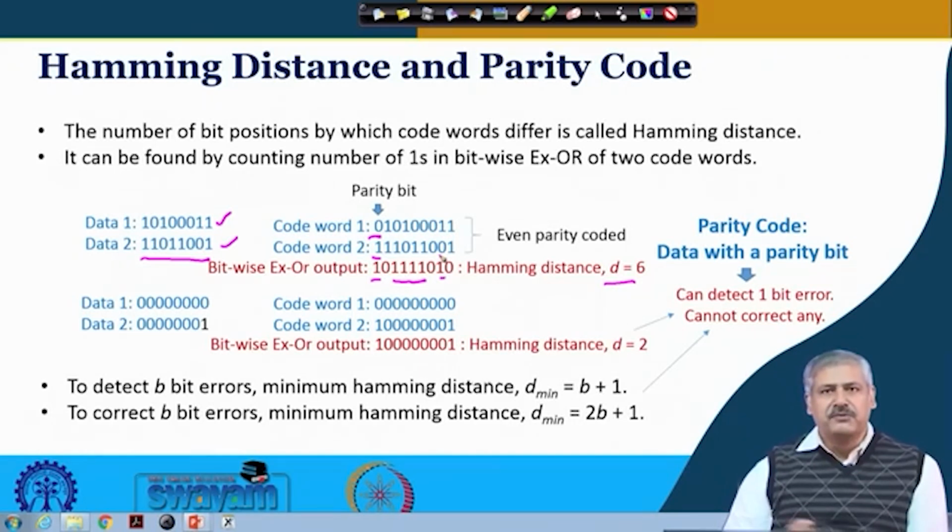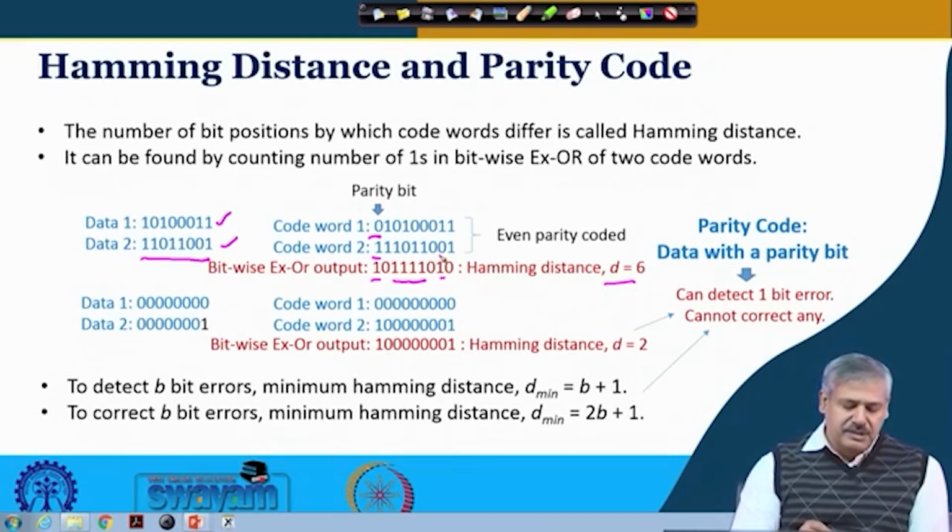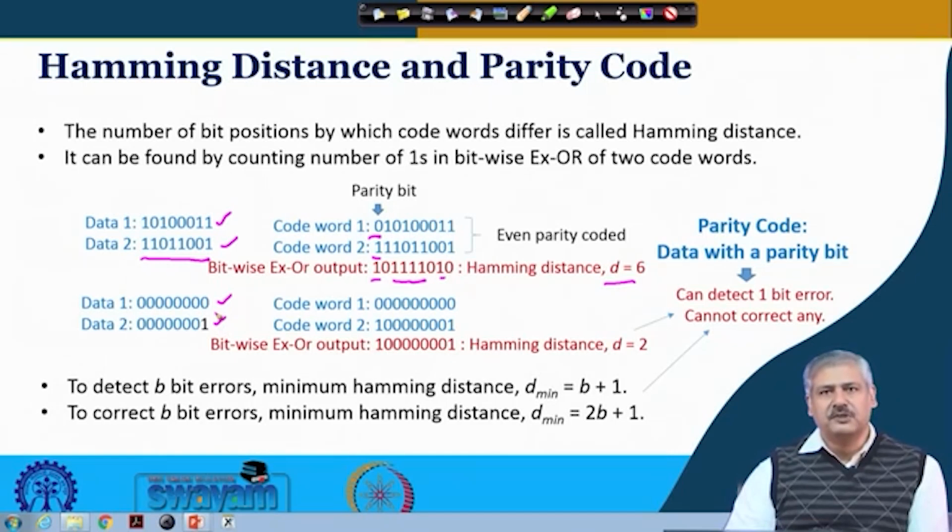But for even parity code, let us look at another case, where the original data differs in only 1 bit position. This is one case, all zeros, and just 1 bit is changing, so it has become 1. What will be the corresponding code words? Here all zeros, so the parity bit will be 0. In the other, the parity bit becomes 1, so that there is an even number of ones finally, including the parity bit.